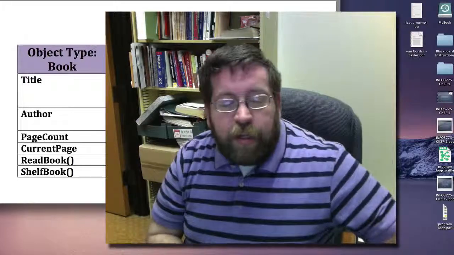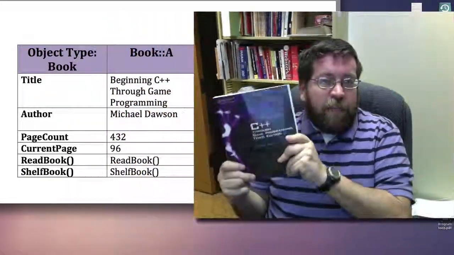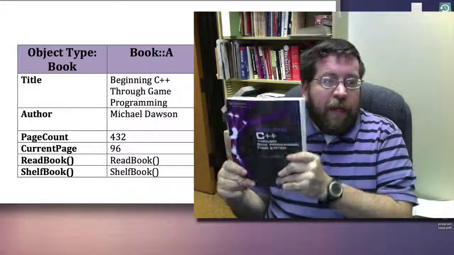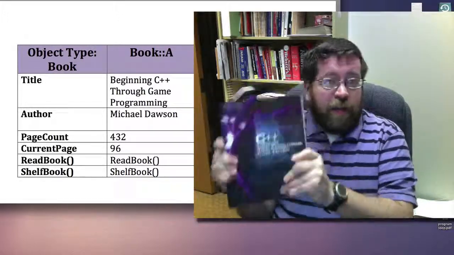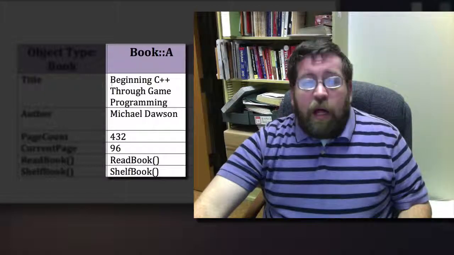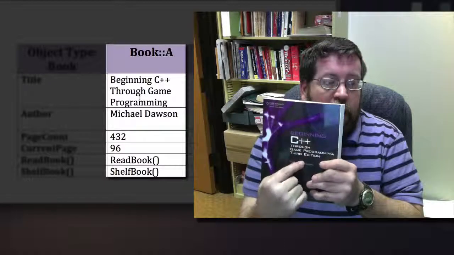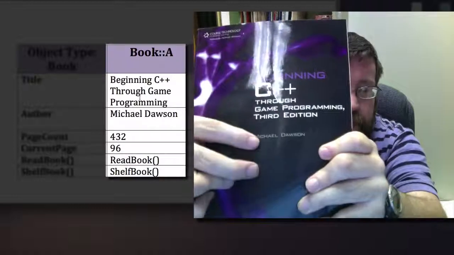Okay, so let's take a look at a couple examples. Our textbook, Beginning C++ through Game Programming, is an instance of the object type book. In this case, we're calling it Book A. The title is Beginning C++ through Game Programming. The author is Michael Dawson, as you see here.